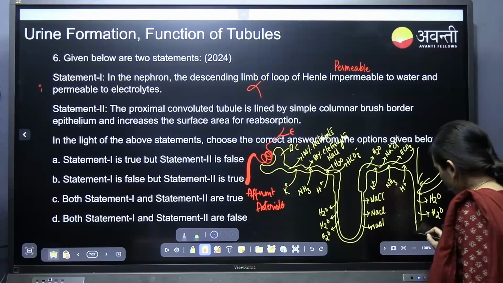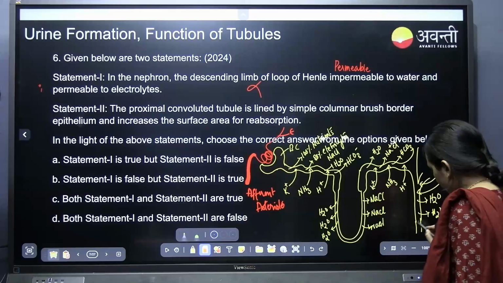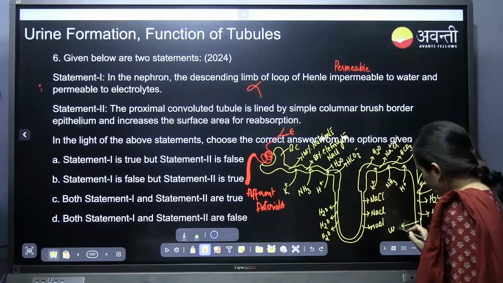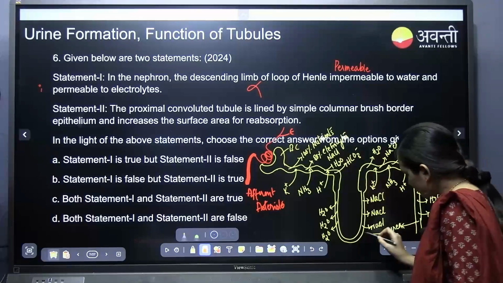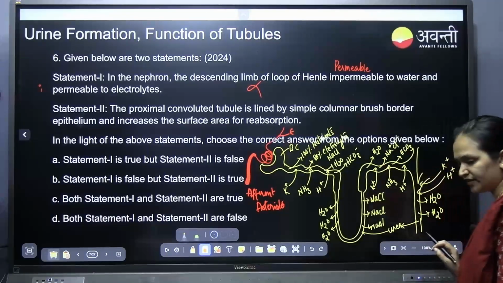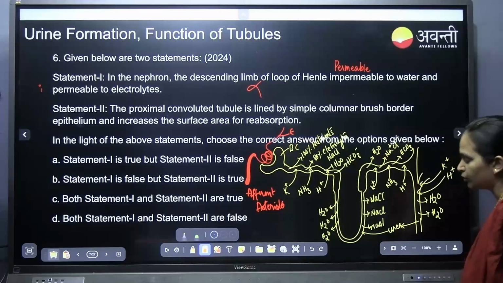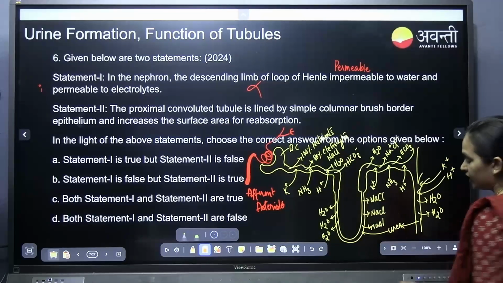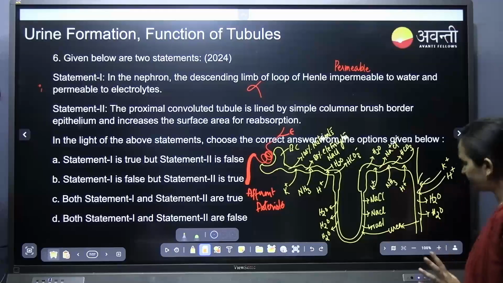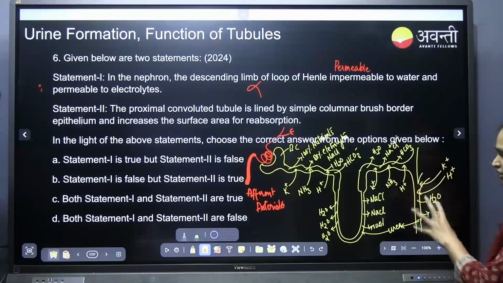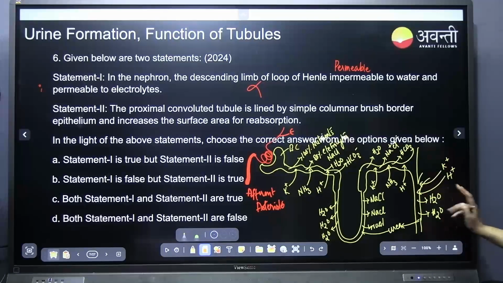The urea for osmoregulation, if it is required, will go back into the loop of Henle in the ascending limb, just to maintain the osmolarity. This can be happening.